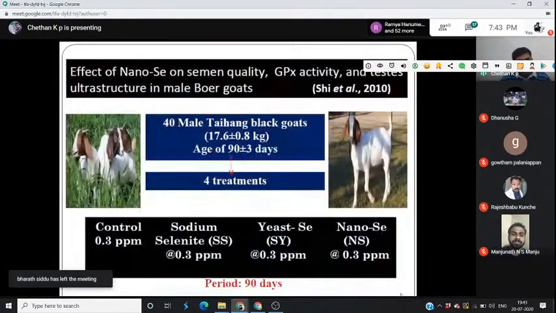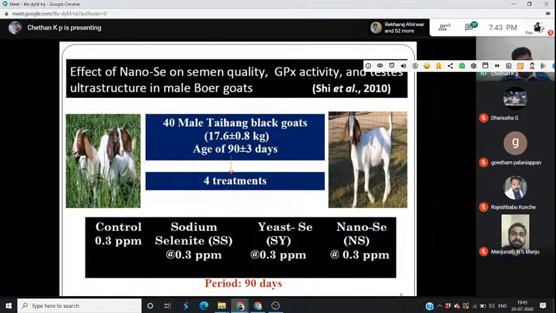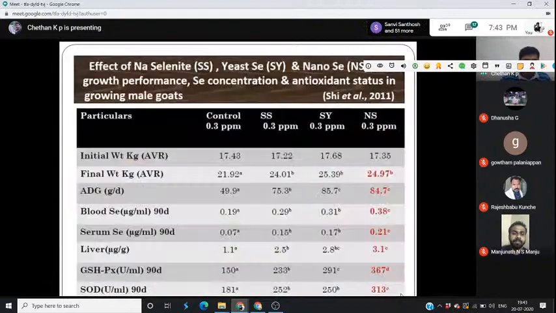Another study, the effect of nano selenium on reproductive ability. As you know, selenium is an important immunomodulator and has a better effect on reproductive ability, glutathione peroxidase activity, and even testis ultrastructure in male Boer goats, which they have studied. They used 40 male black goats of around 3 months of age and 4 treatments: sodium selenate, which is an inorganic source, yeast selenium, an organic source, and nano selenium at 0.3 ppm.